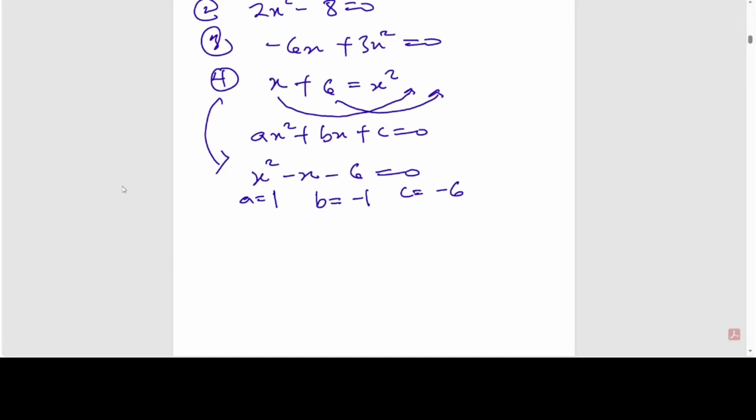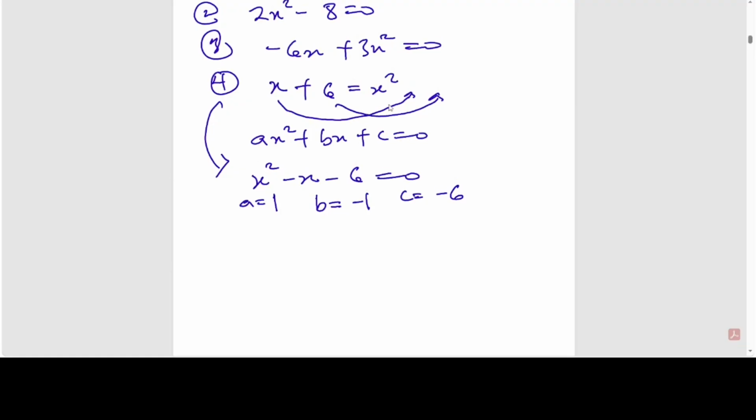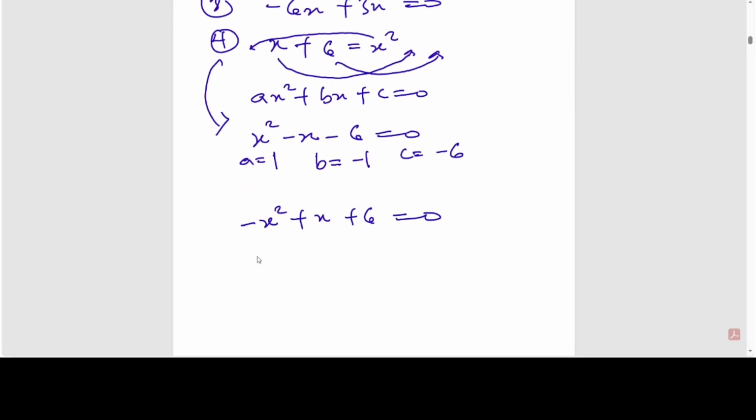That's one way. The other way is that we could have just moved the x squared to the left hand side so that the right hand side becomes 0. So that is going to be negative x squared plus x plus 6 is equal to 0, right? And over here, what is our a?